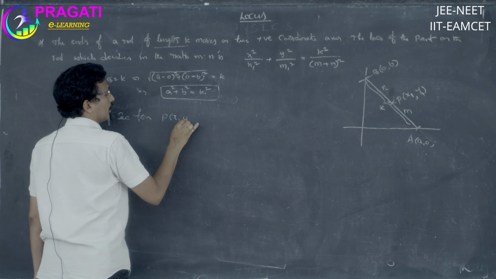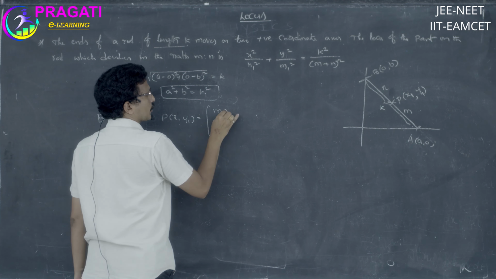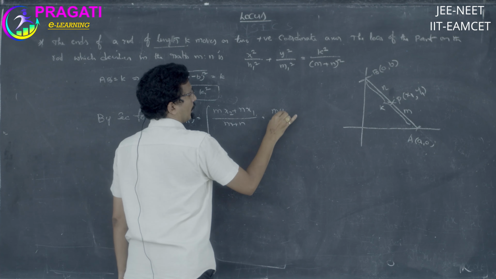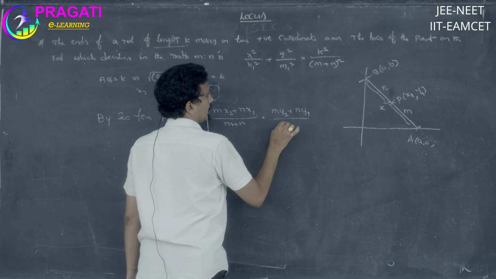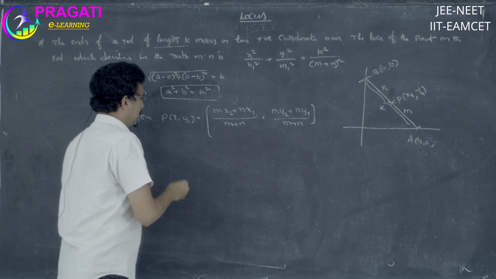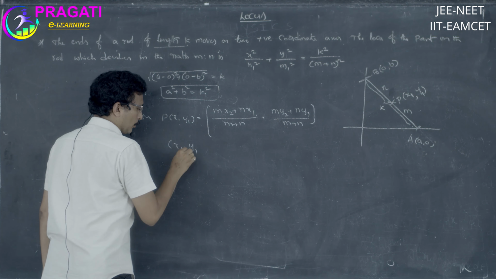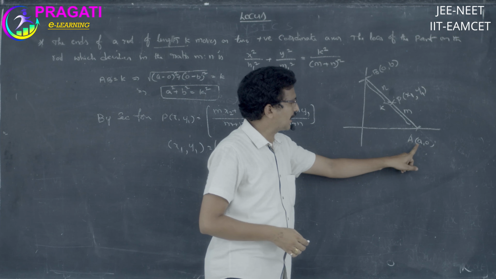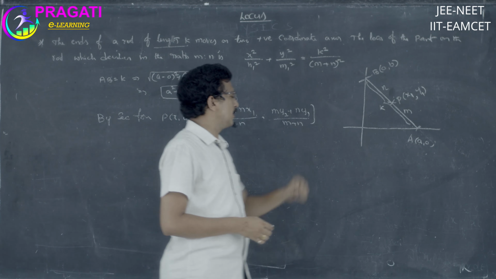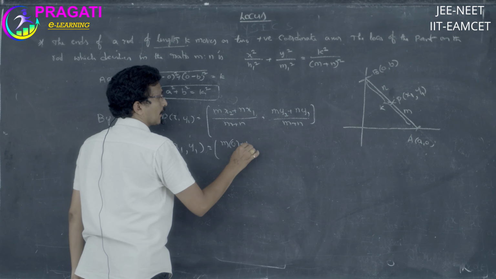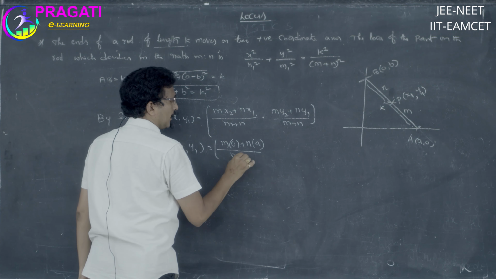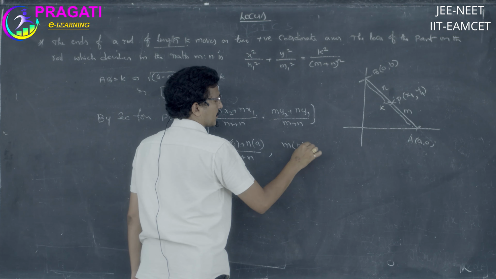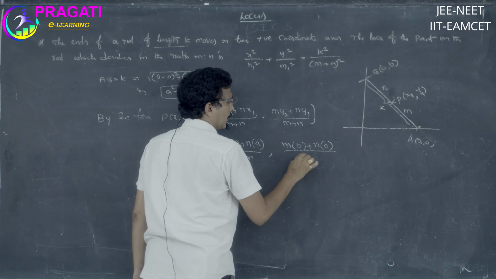P (x1, y1) is equal to, the section formula is (m x2 plus n x1) by (m plus n), comma (m y2 plus n y1) by (m plus n). Here (x1, y1) is equal to, m means m, x2 means 0 plus n, x1 means a, by m plus n, comma m, y2 means b plus n, y1 means 0, by m plus n.